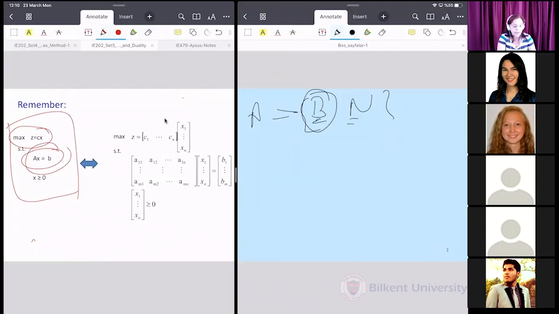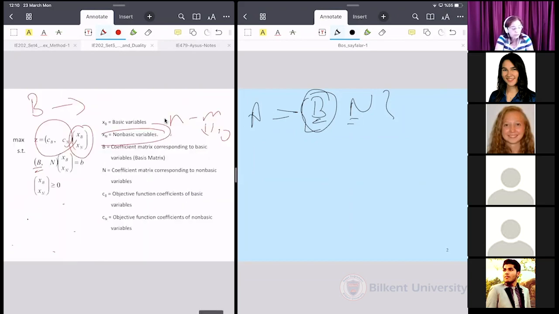So what you're doing is you're selecting some of these, you're making them basic, and the remaining are in the n minus m. So anything that you make in here should also go in here and in there because they are multiplied with the same x. So you have to play with the x vector too.